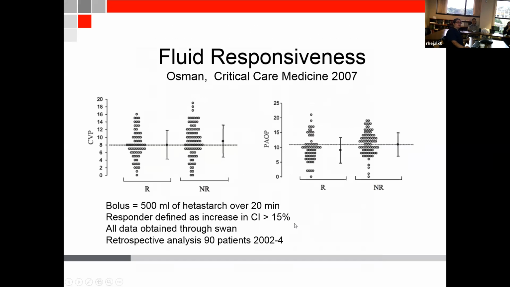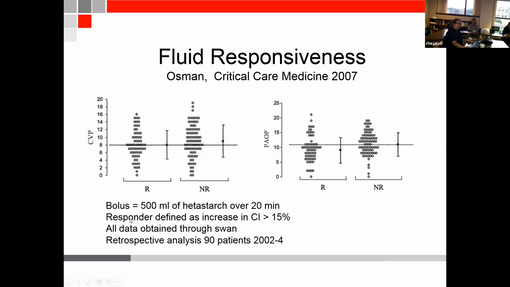Another study really looked at volume responsiveness as it correlates with CVP or pulmonary arterial wedge pressure. They defined it by a measurement of the cardiac output by Swan-Ganz catheter, and they gave patients 500 cc boluses.